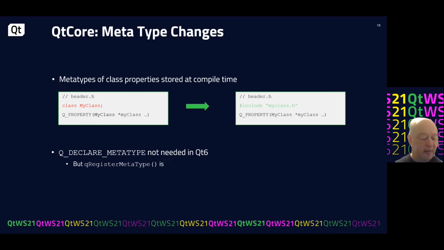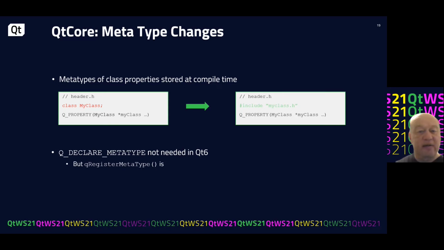So then the core has a couple of changes that affect your migration. For example, the meta types have been stored at compile time. So in practice, this means that if you had forward declarations for your classes in your headers, you cannot use that anymore, but instead you have to include the actual class header to be able to compile.